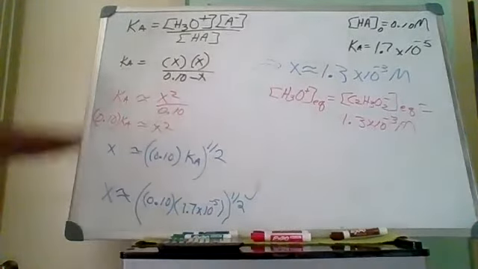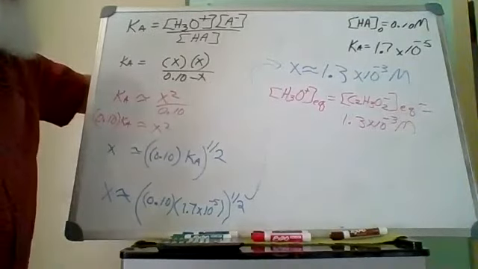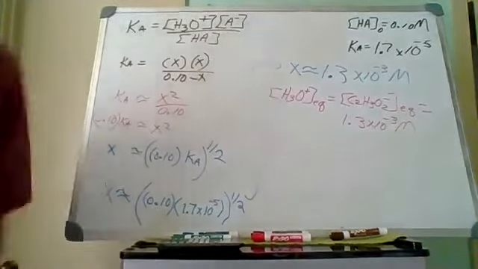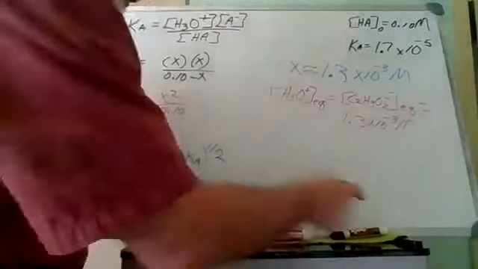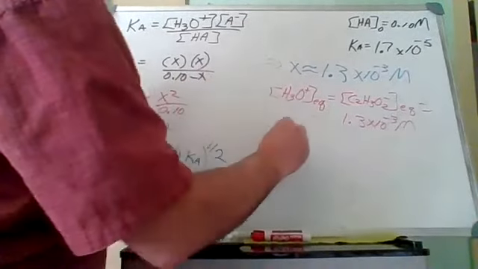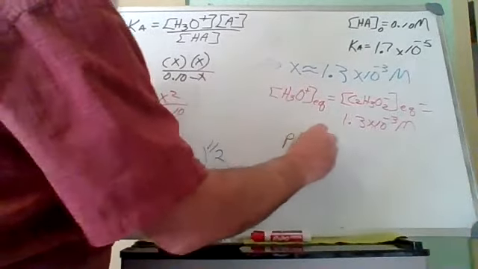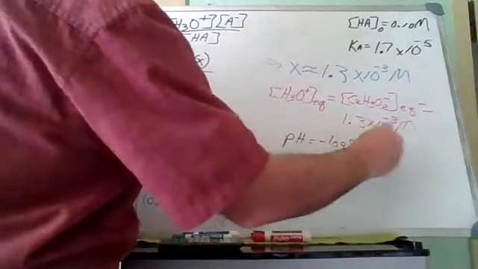Okay, we're still asked to find 2 other things here, which was the pH and the degree or percent ionization, degree of ionization. Well, let's find the pH first, because we have the hydronium ion concentration right there. pH equals negative log of hydronium ion concentration.